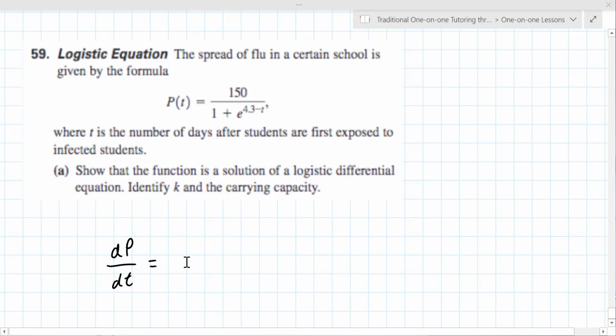So I think it's like this, P times 1 minus P. It's like the one we solved earlier. But this one actually wants you to derive it and then solve it.